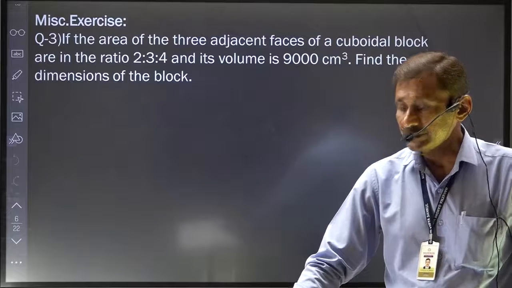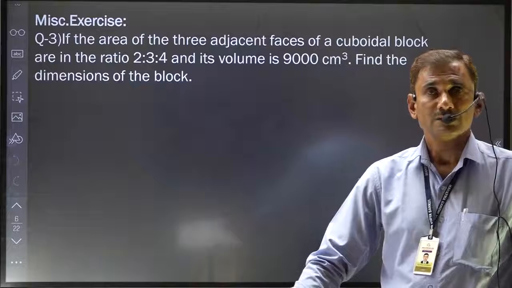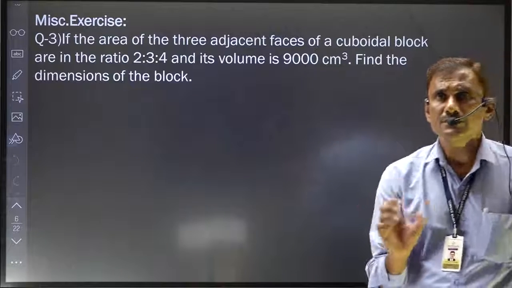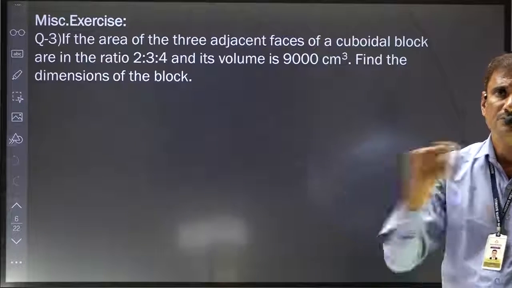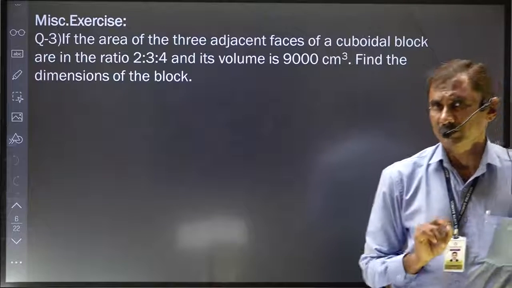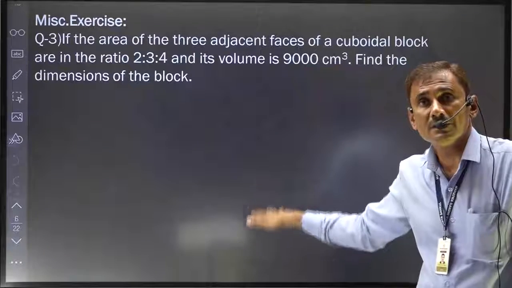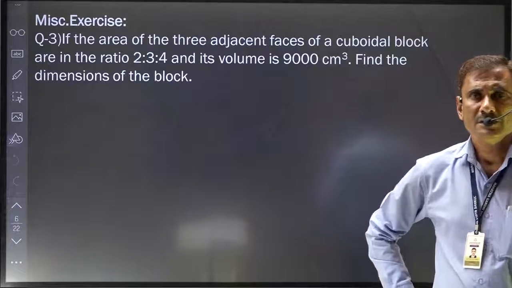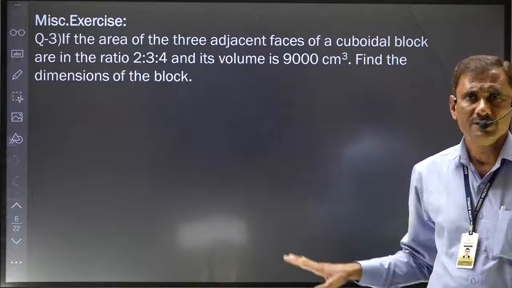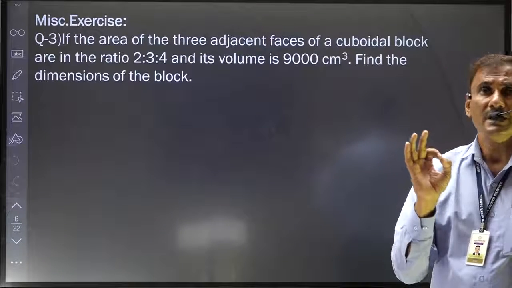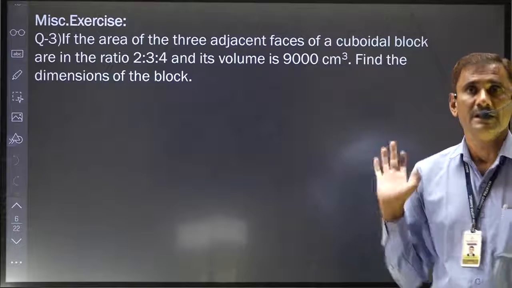What is that? V square is equal to xyz. So now we just use that result which is proved there. So you have to remember it. Otherwise, you have to prove it here only. I think it is not advisable to prove it here, so we just use that ready-made result directly.